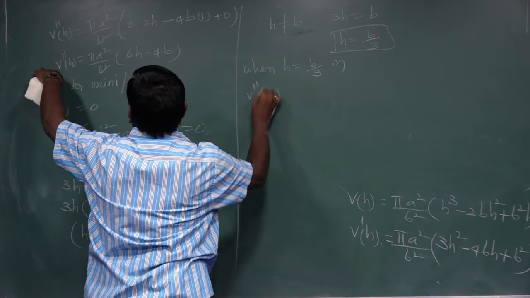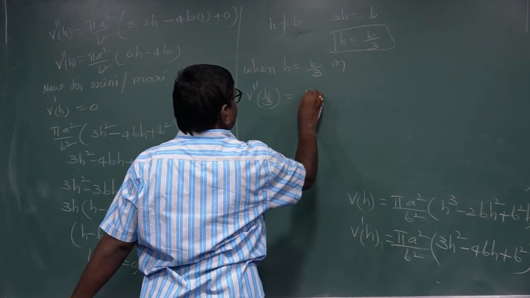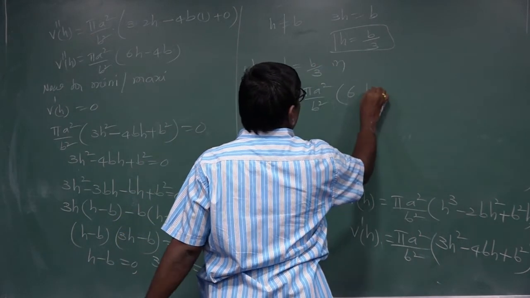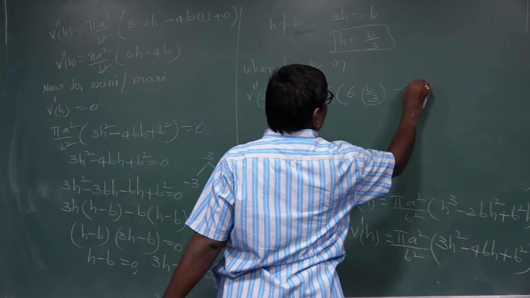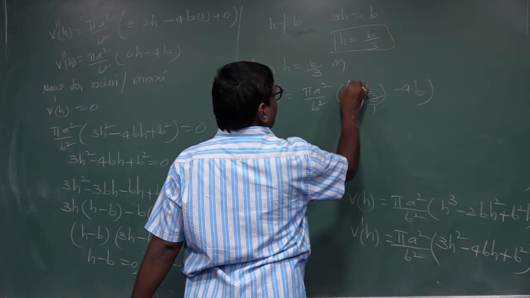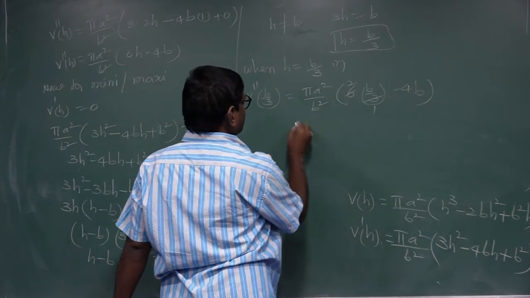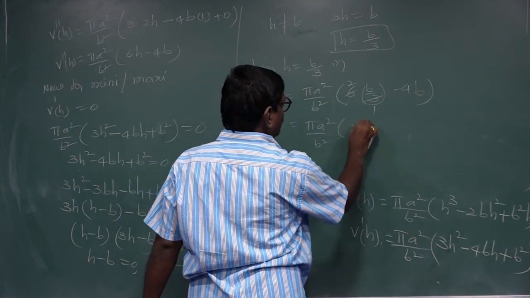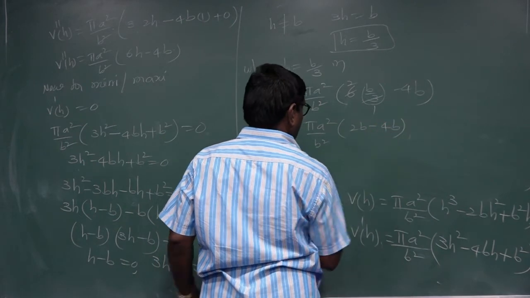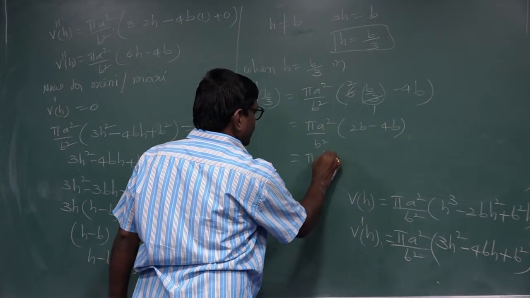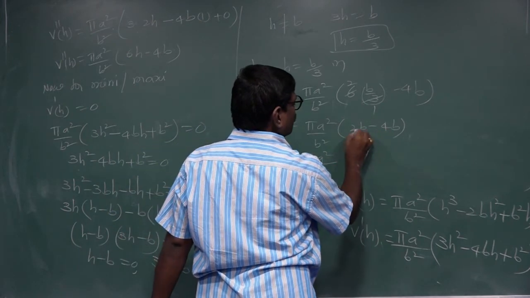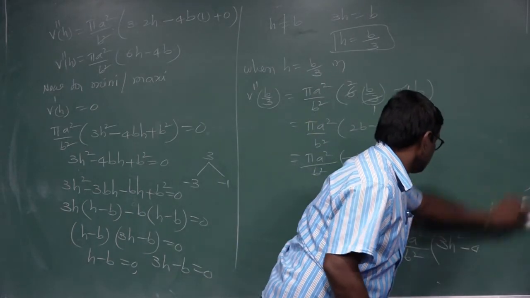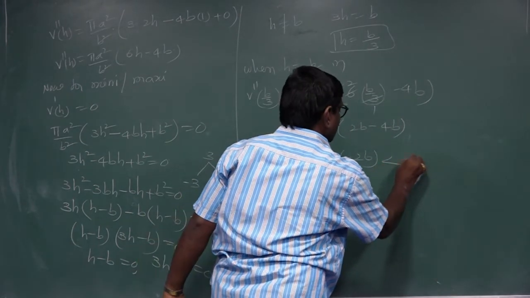At H equal to B by 3: V double dash equals pi A square by B square into 6 into B by 3 minus 4B. 3 ones are 3, 3 twos are 6, so pi A square by B square into 2B minus 4B, equal to pi A square by B square into minus 2B, which is less than 0.